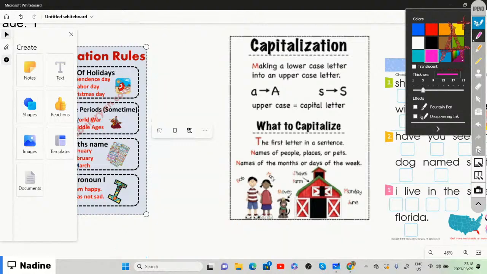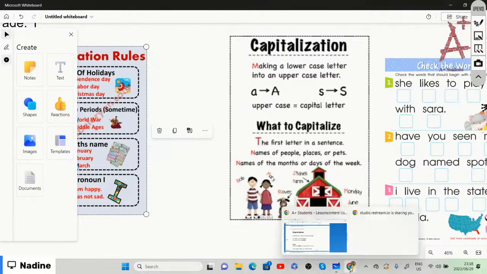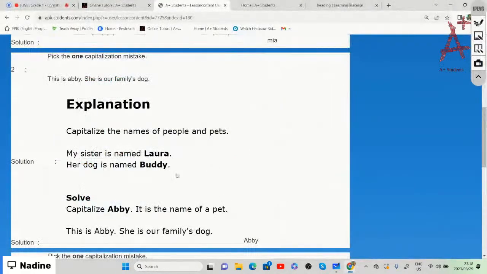All right. So now we're going back to our tutorial page. If we look at the sentence, we need to pick one capitalization mistake and correct it. This is Abby. She is our family's dog.